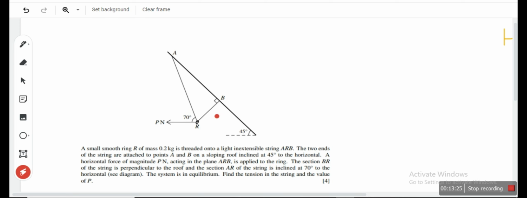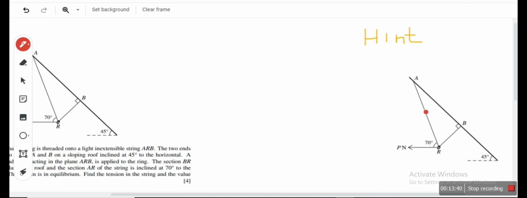This is the string, and we want the tension in the string. As a simple hint, I need to show that the tension is acting towards here, just like we did in the other one. The tension is acting towards the fixed point. That's the tension we're looking for, T. We're required to find this T, which is the tension.